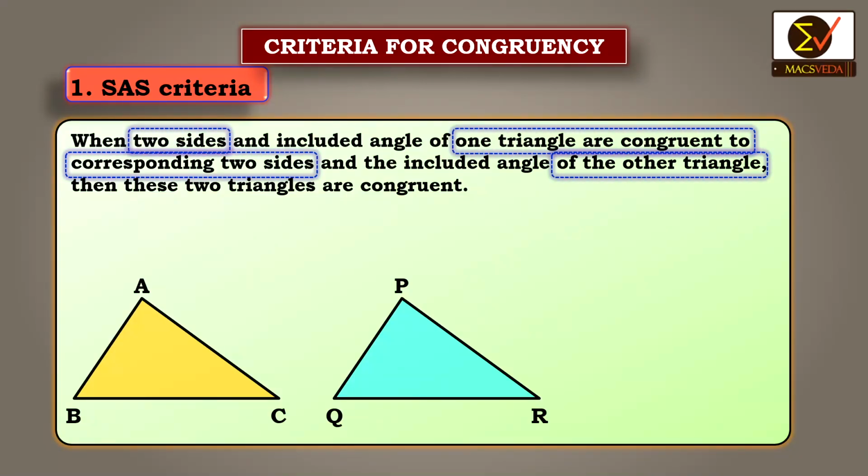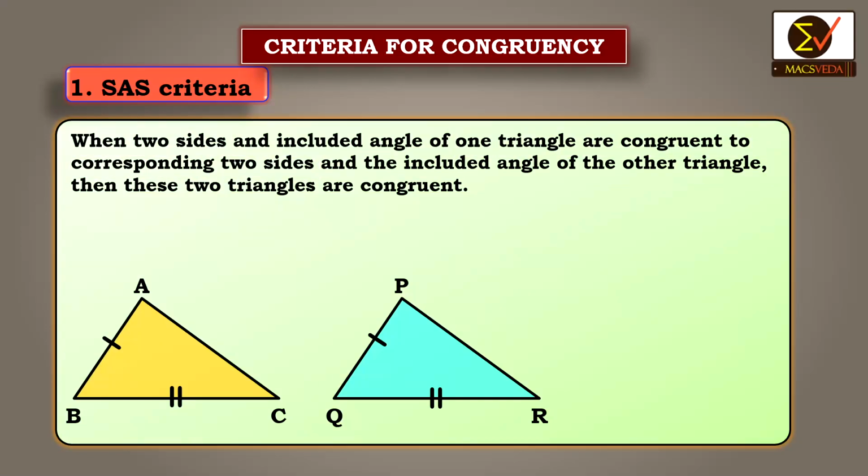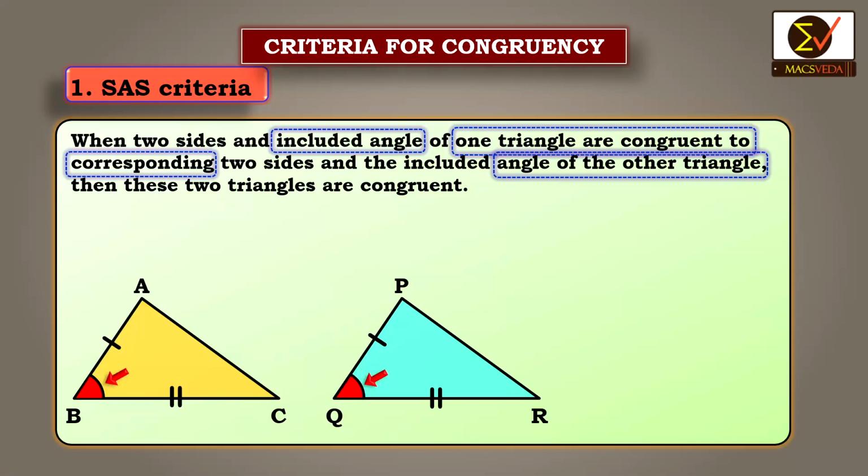Two sides of one triangle are congruent to corresponding two sides of the other triangle. So here AB equal to PQ, the corresponding sides, and BC equal to QR. So the corresponding two sides are equal and the included angle between these two sides of one triangle equal to included angle between the corresponding sides of other triangle. That is angle B equal to angle Q.